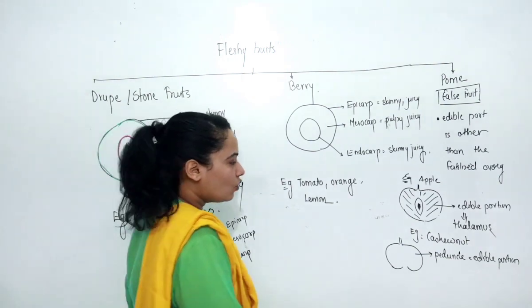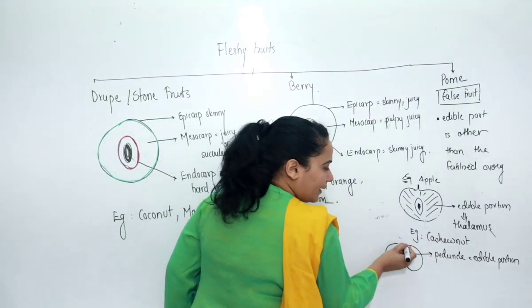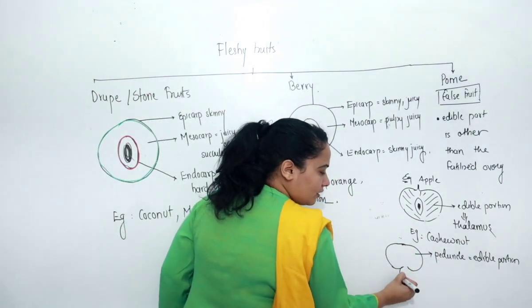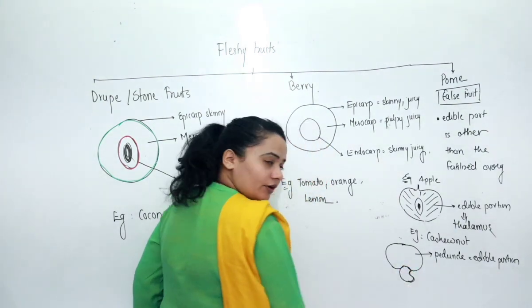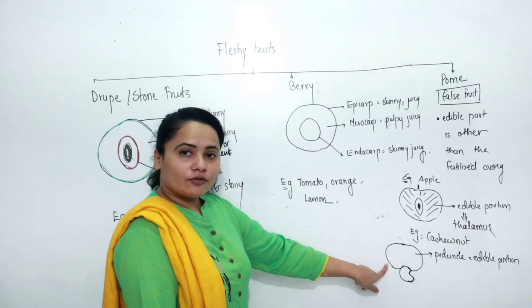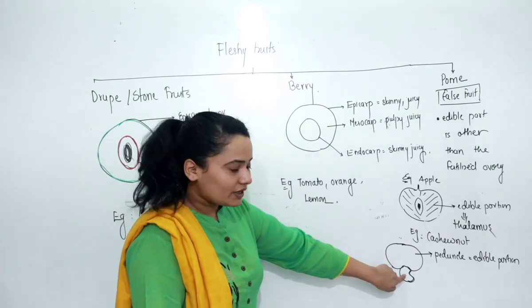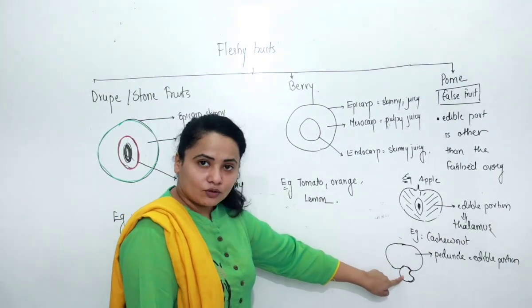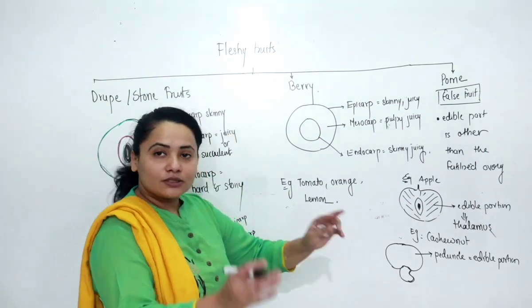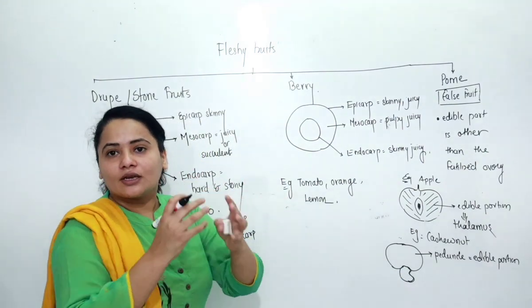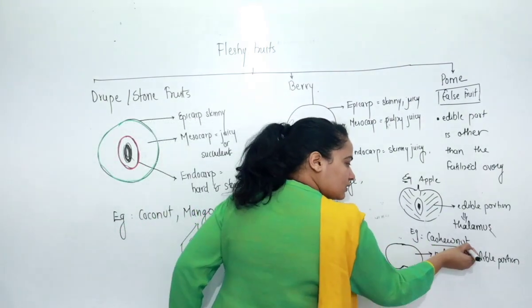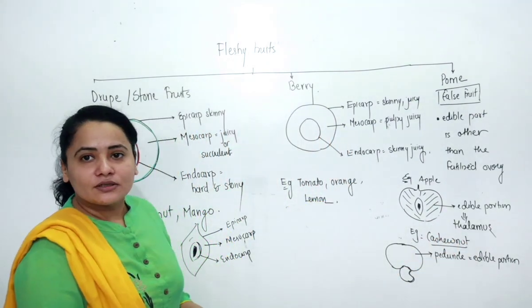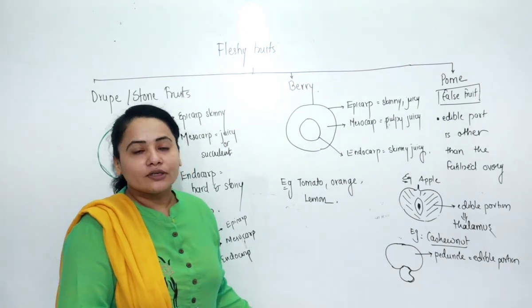The cashew nut is lying over here. So the actual ovary and the ovule are lying over here, but the peduncle is getting fleshy and modified into the edible part. So cashew nut can also be taken as an example of pome, or false fruit.